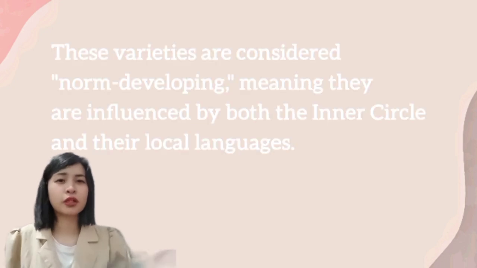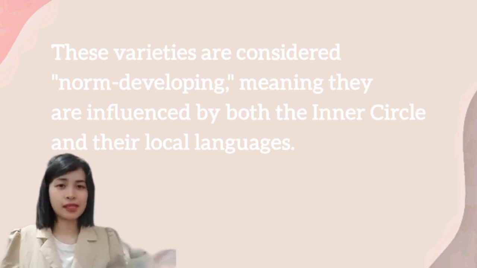Because they colonized our country, we adopted their language, but we mixed it. The reason why we have a problem in pronouncing words in English is that we often mix our native language and the foreign language.